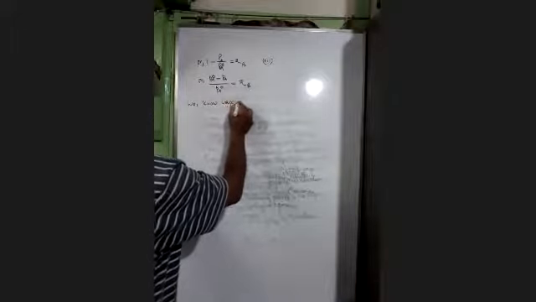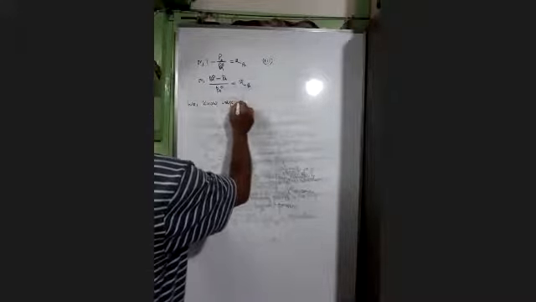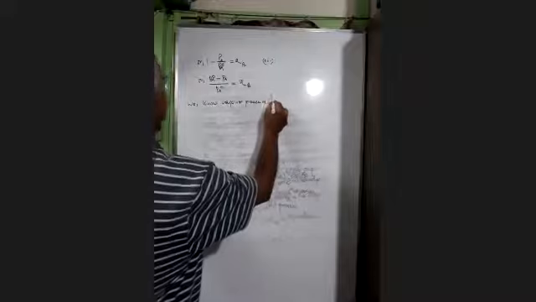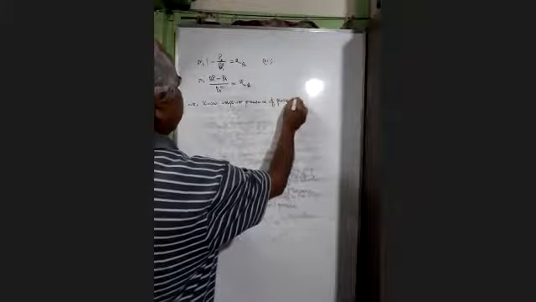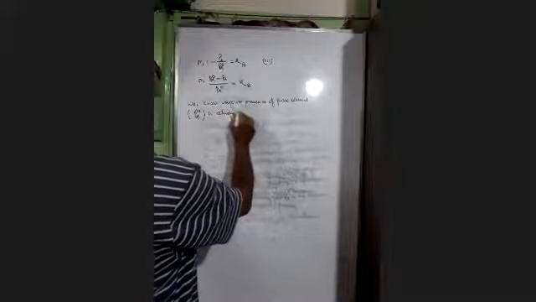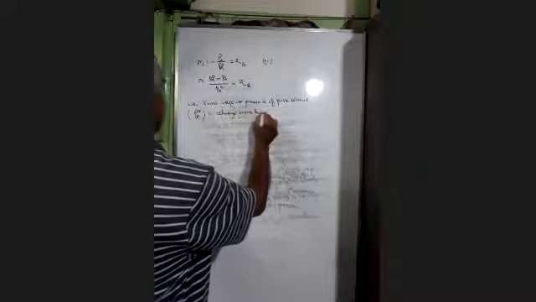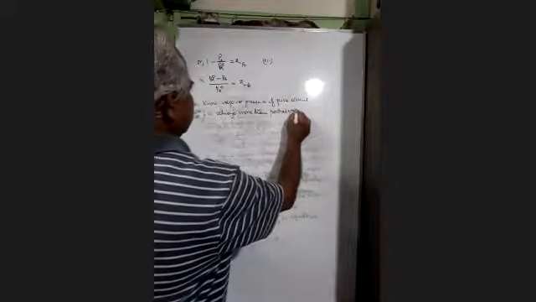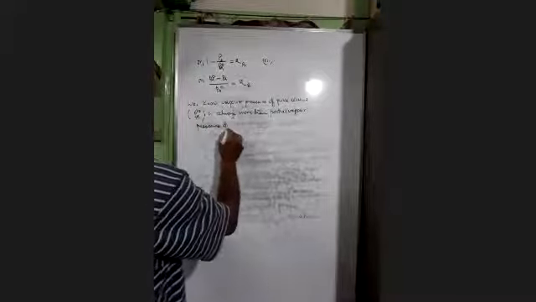So now we can write, we know the vapor pressure of pure solvent, what is this? PA0 is always more than the partial vapor pressure of solvent.